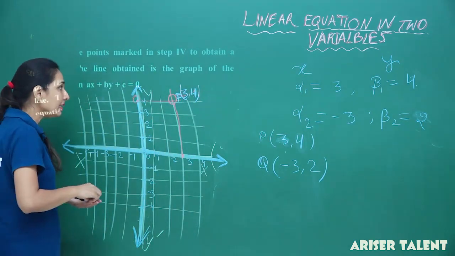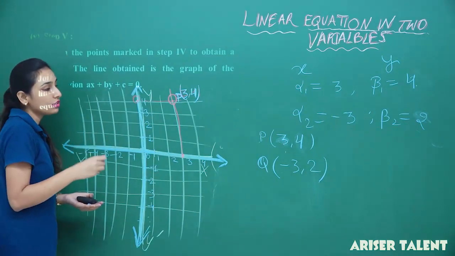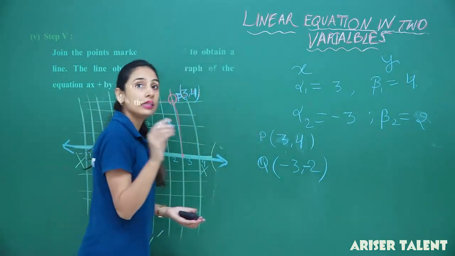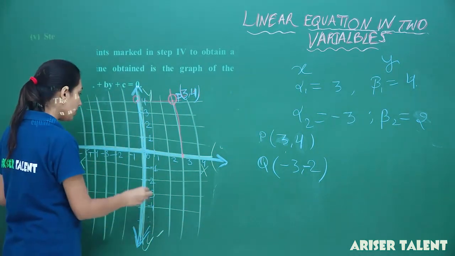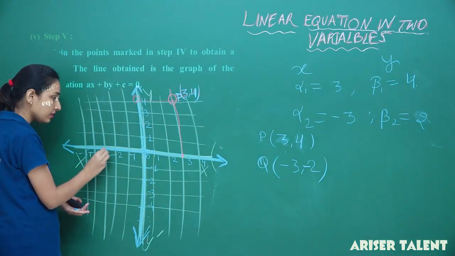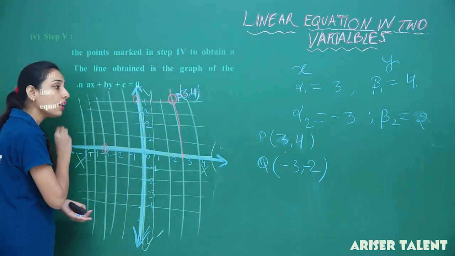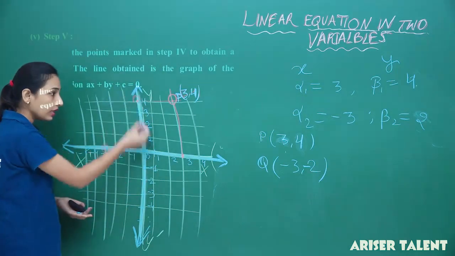Right. Similarly, I am having Q equals -3. Now, Q equals -3. Can I take this minus also, so that you will have the clarity of minus also? Okay. Now, Q equals -3. Now, -3 is the value of x. So, 1, 2 and 3. This is 3 on the minus side of x. Here is the point. Now, the second is -2, in the y-axis.